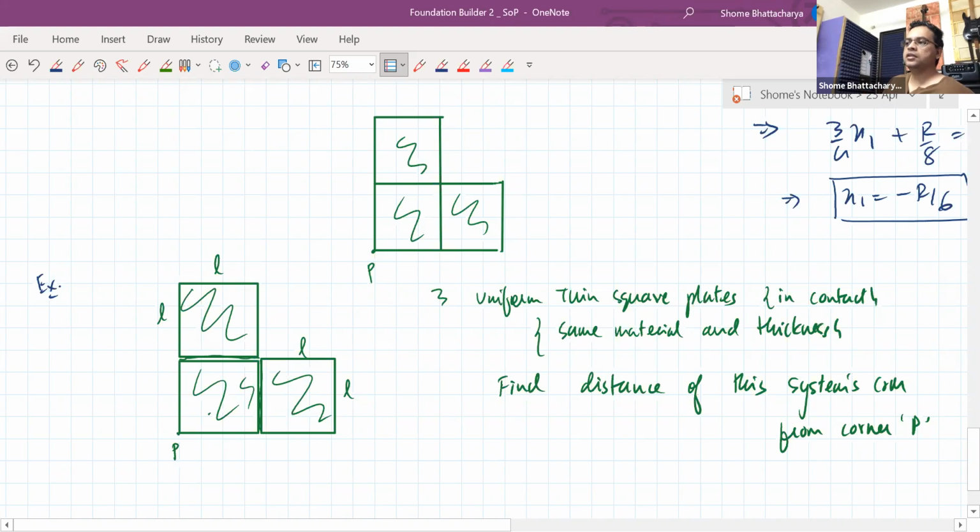They are made of same material, and same thickness. So they will have the same masses each.